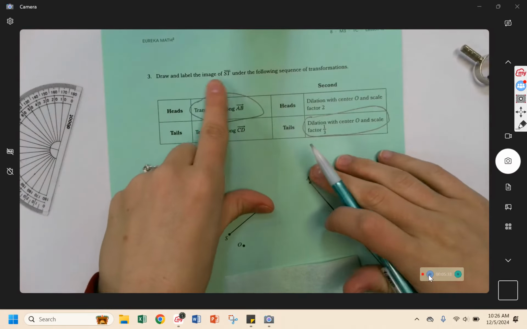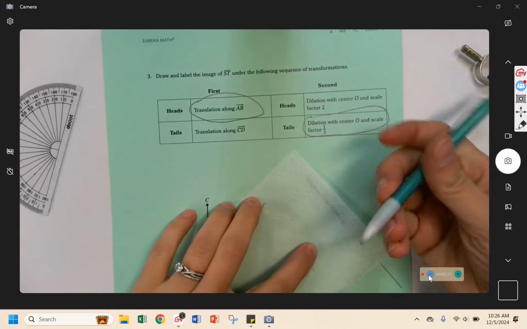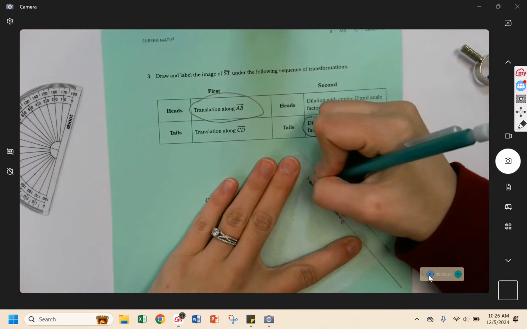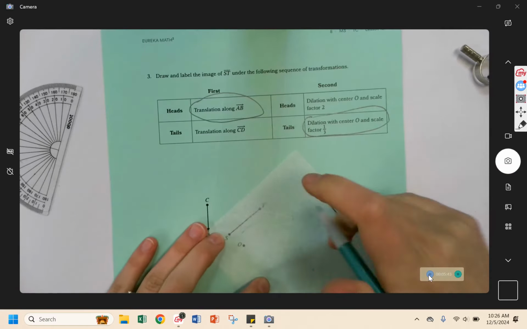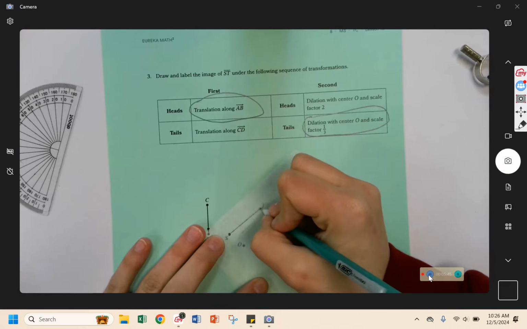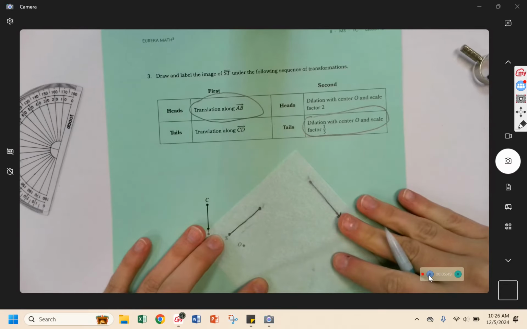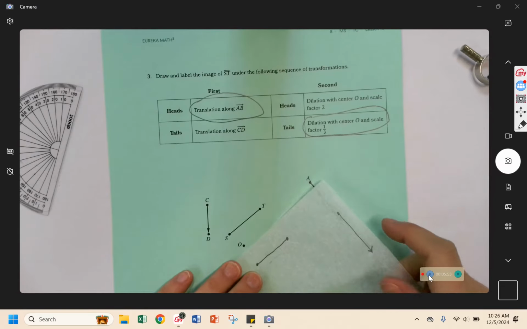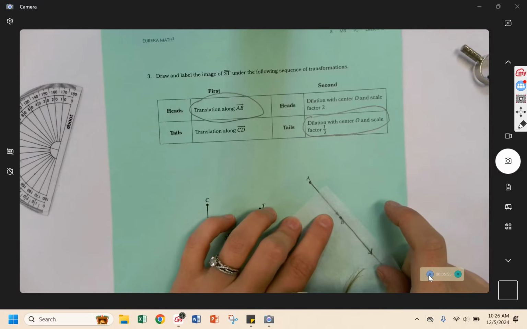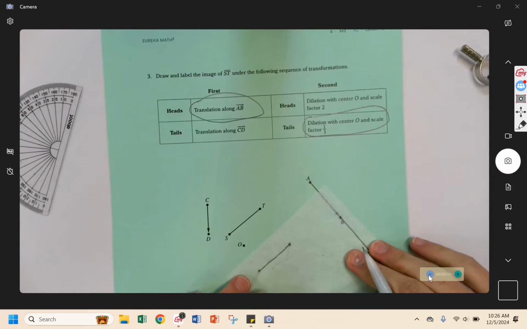And we are moving ST. So we're going to trace the vector and the segment ST, and then we're going to slide along that vector until the end matches up with the point, and ensure that it is on the line that we extended.